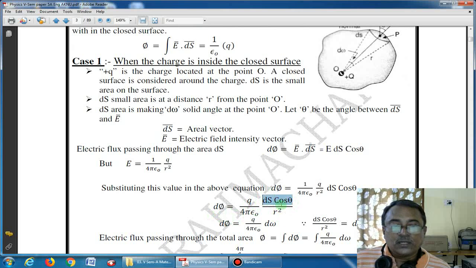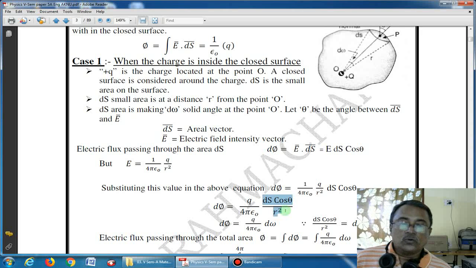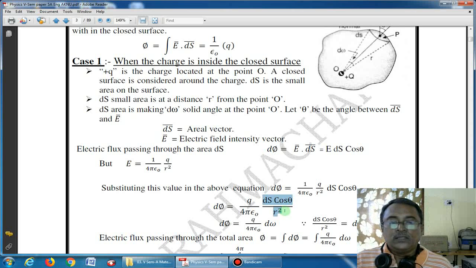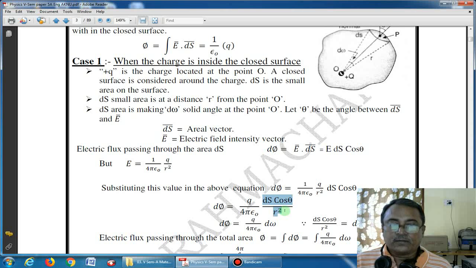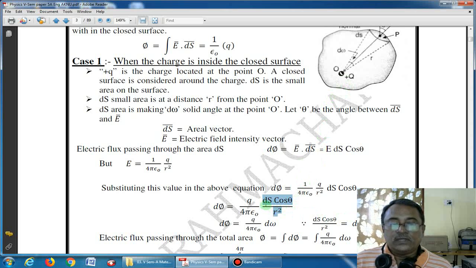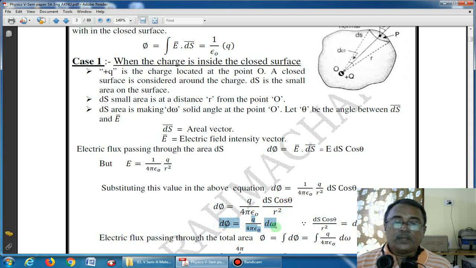This ds cos theta by r square is also known to us, and this is nothing but the solid angle made at the point where this positive charge is located. So, substituting d omega instead of ds cos theta by r square, the equation comes out as d phi equal to q by 4 pi epsilon naught into d omega.